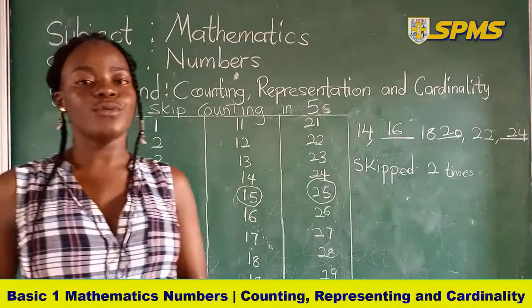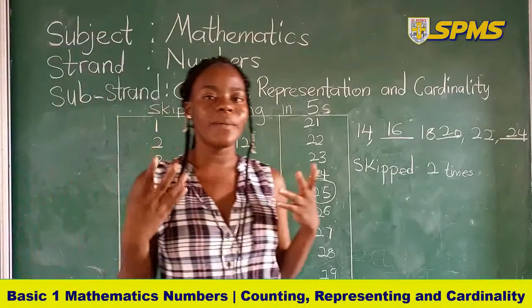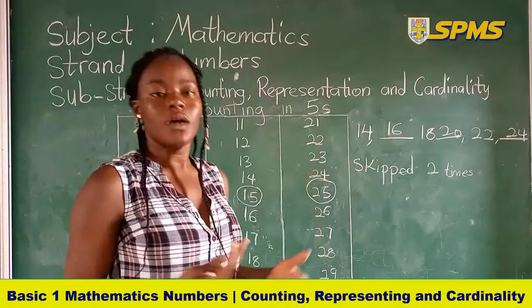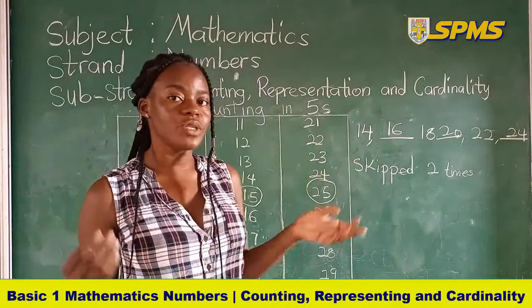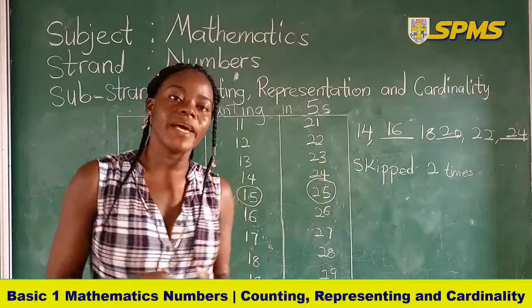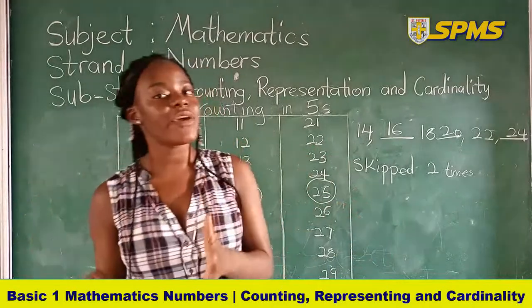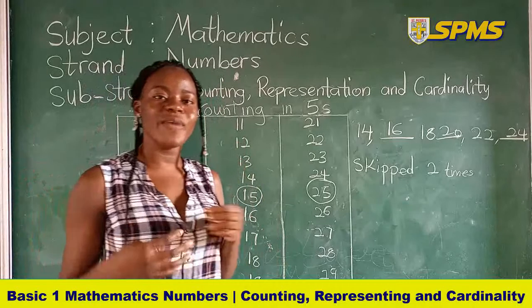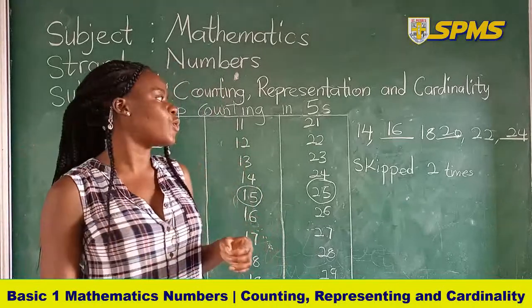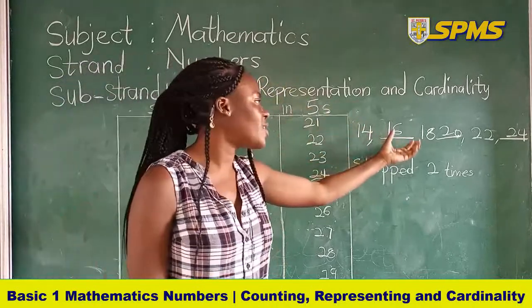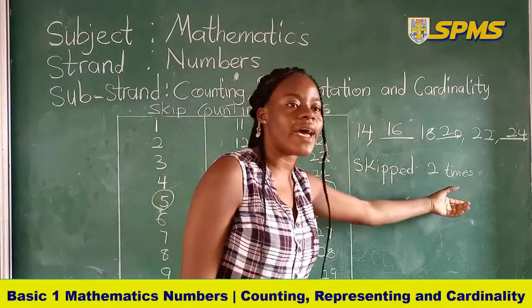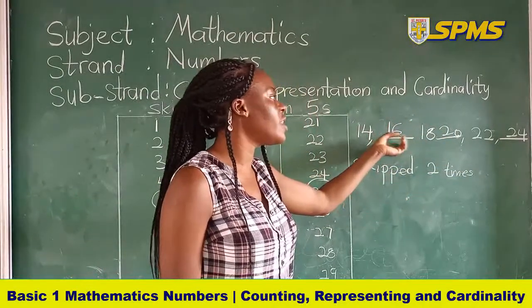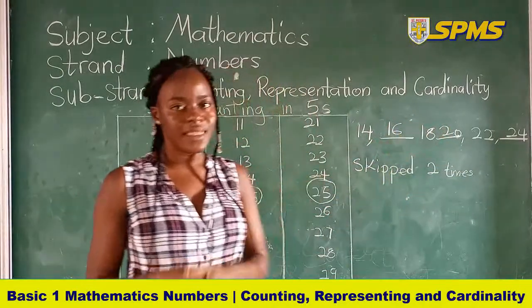Very good. So now we come to the end of our lesson. Okay, so today what did we do? We looked at skipping numbers in 2s, in 3s, and 5s. And we looked at how many times we skipped. So with this one, we had 2 times. We tried to fill in the following numbers.